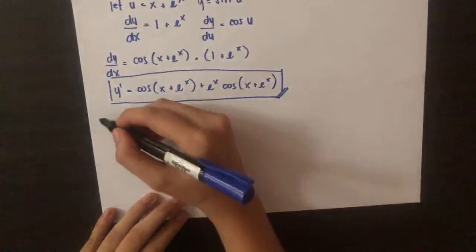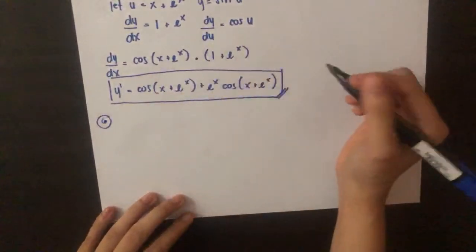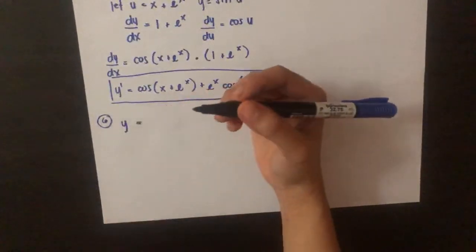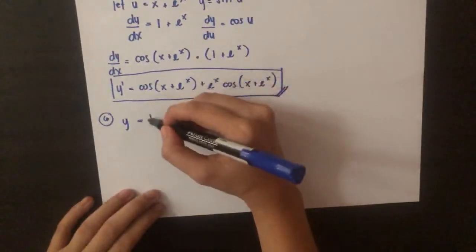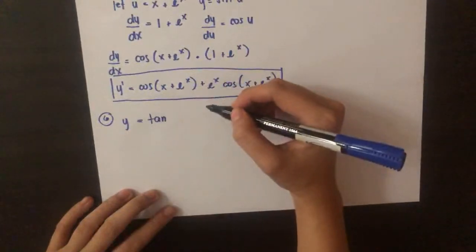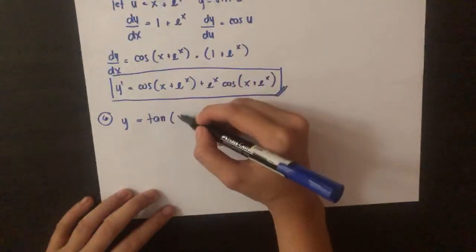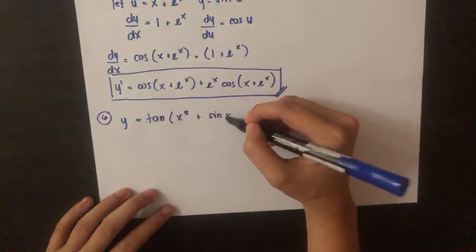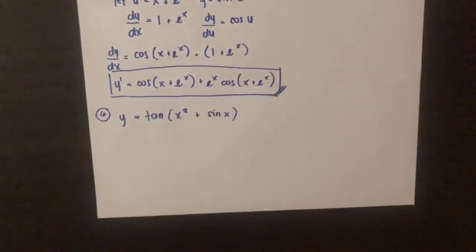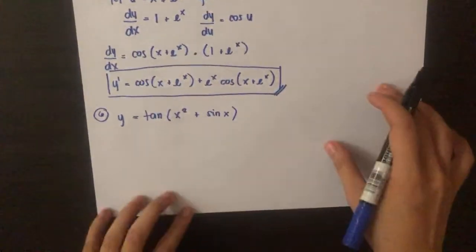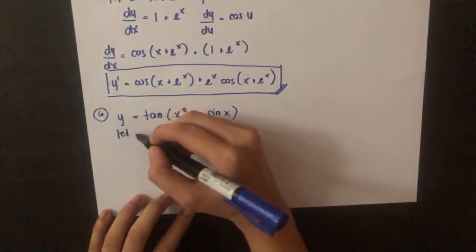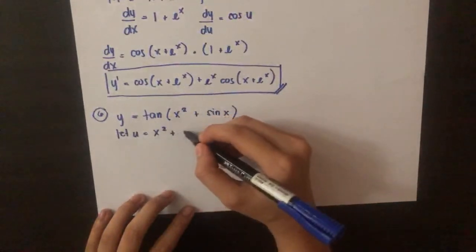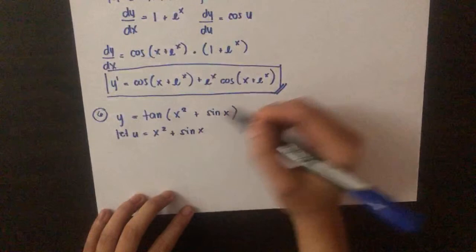One more. What if we have y is equal to tangent of (x squared plus sine of x)? I will let u equal x squared plus sine x.